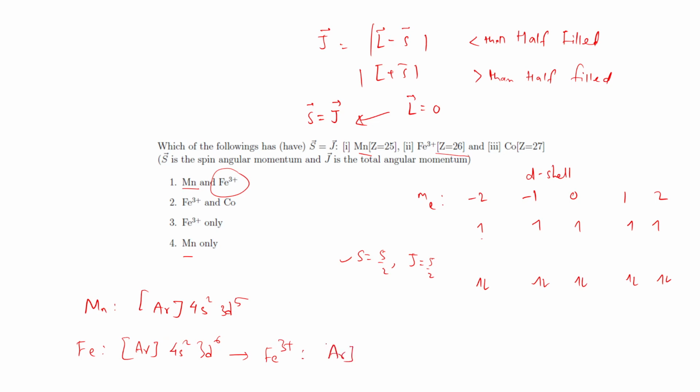So argon 4s0, since we have removed 2 electrons, and from 3d 1 electron, giving 3d5. You see, Fe3 plus also has 5 electrons. So Fe3 plus also will show S equal to J. So your correct answer is this one.